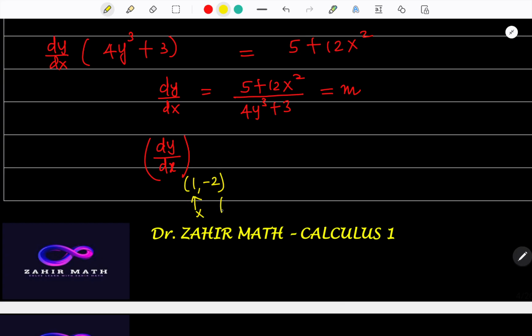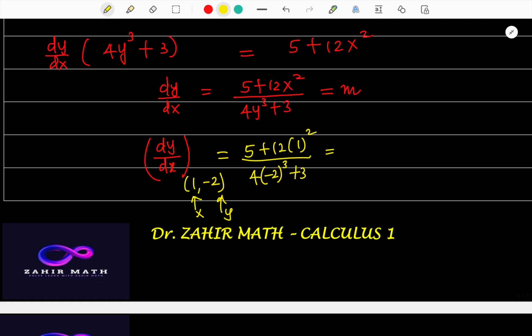You put x equal to 1 and y equal to -2, which is equal to 5 plus 12 times 1 squared divided by 4 into -2 cubed plus 3. Take your calculator, all of you, press the fraction mode. Right?